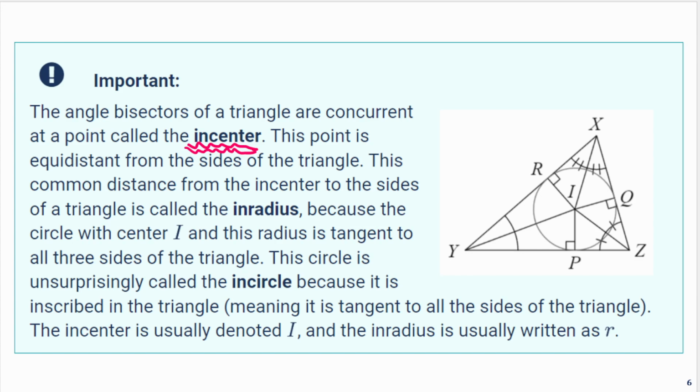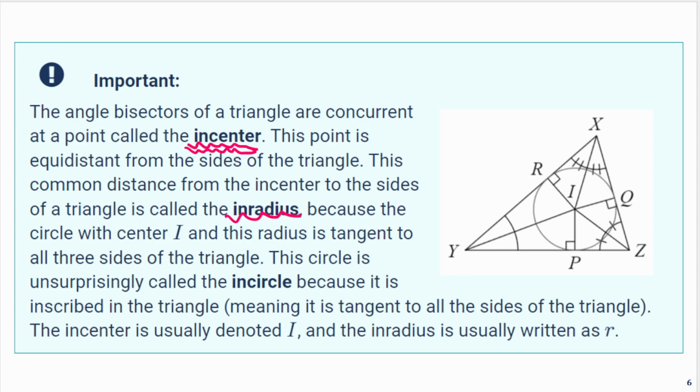And the incenter, this point, is equidistant from the sides of a triangle. This common distance from the incenter to the sides of a triangle is called the inradius, because the circle with center I and this radius is tangent to all three sides of the triangle.